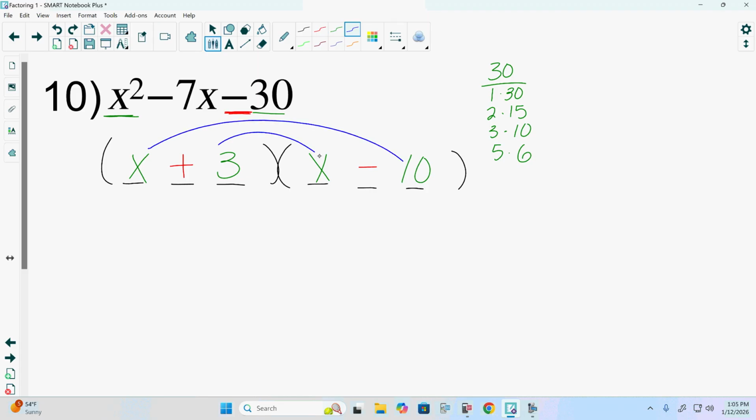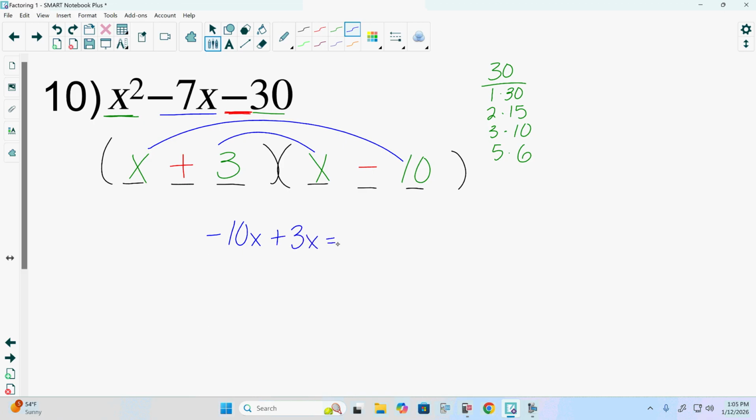Again, we find the factors, we plug it in to see which one works, and we check it, and we want to make sure we get the correct middle term of negative 7x. Now, positive x times negative 10 is going to give us a negative 10x. Positive 3 times positive x is going to give us positive 3x.